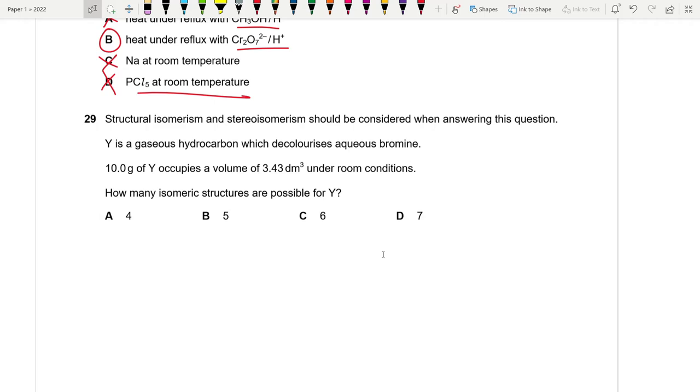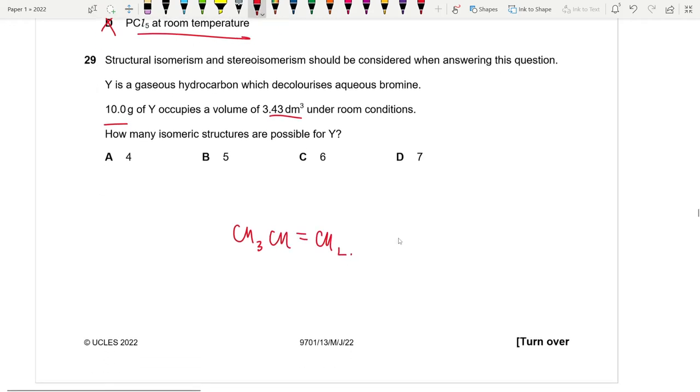So up to propane and propene. We can find out the moles of this actually. I think it might be propene, CH3, CH2... 10 grams, right? We can find out the moles. 3.43 dm cube divided by 24.